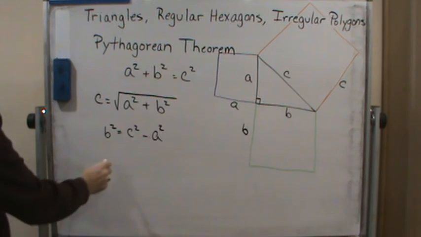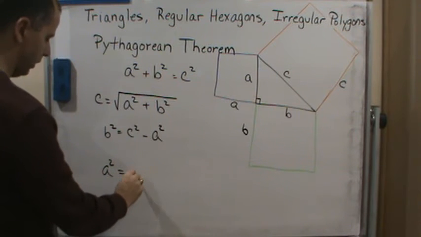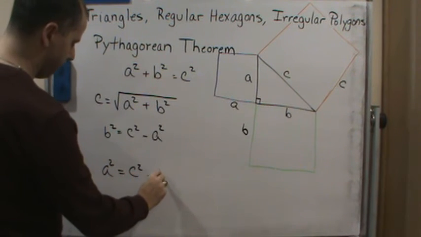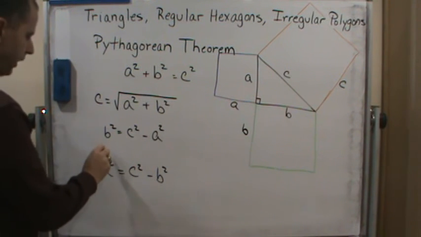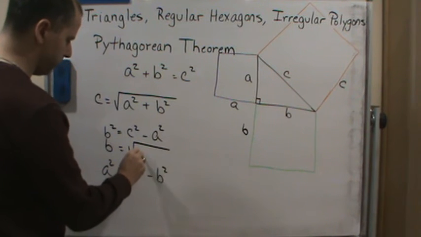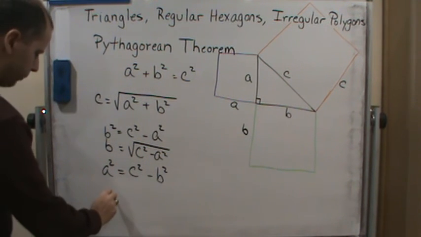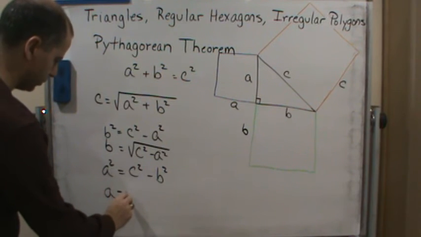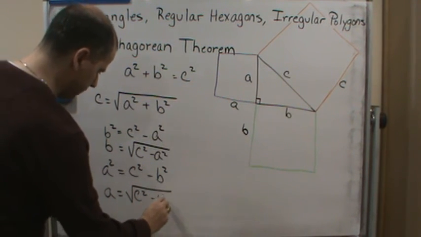Or we could say A squared is equal to C squared minus B squared. So equivalently, we could say B is equal to the square root of C squared minus A squared. And we could also say that A is equal to the square root of C squared minus B squared.